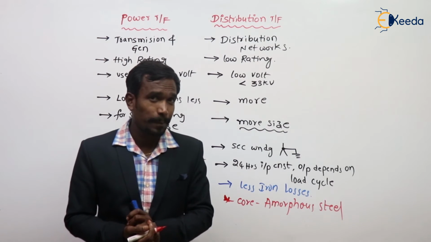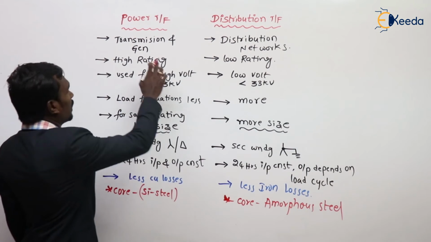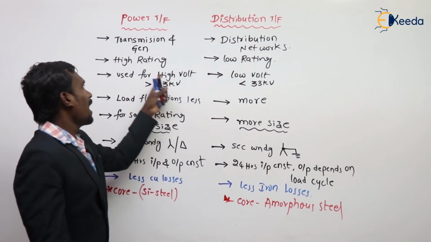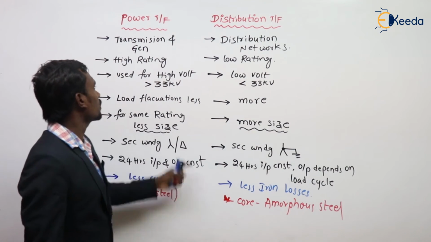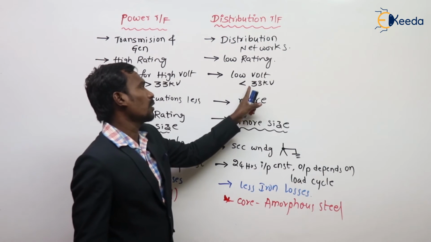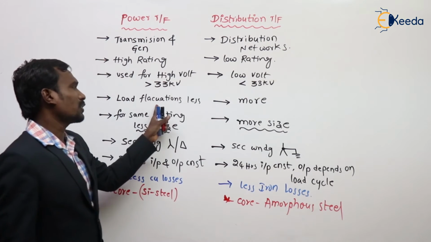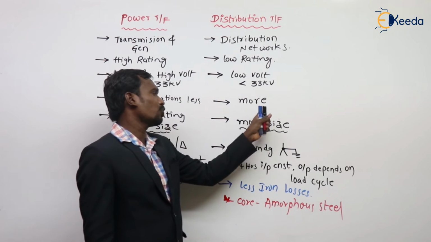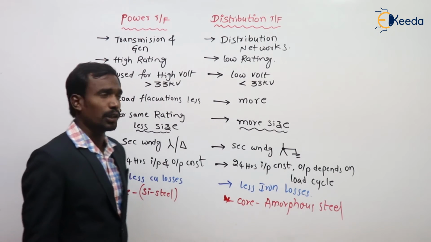Are you okay? Right? So next, transmission and generation versus distribution, high rating applications versus low rating applications, high voltage versus low voltage applications. Load fluctuations are less because for 24 hours input and output are constant. Load fluctuations are more because output depends on the load cycle.